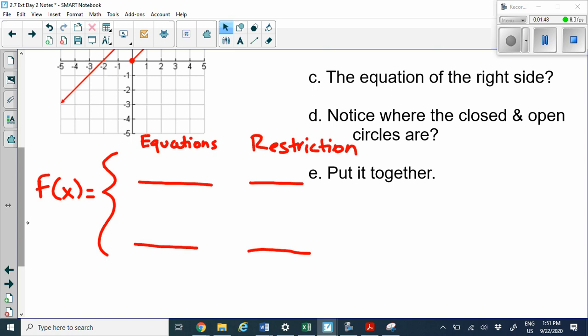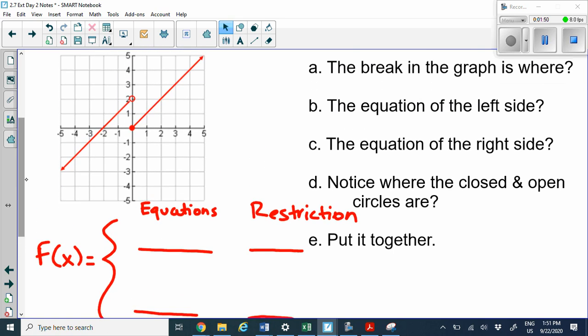Okay. So the first thing we need to do is find the equation of our left-hand side. I'm going to draw a lovely arrow to it. There we go. Remember, when we are trying to find the equation, we are using mx plus b. So we need to find the slope, and we need to find the y-intercept. Now, we've done this already when we were doing lines.